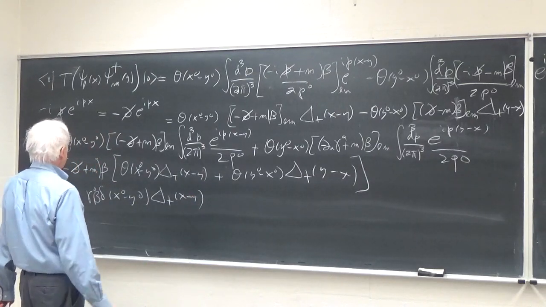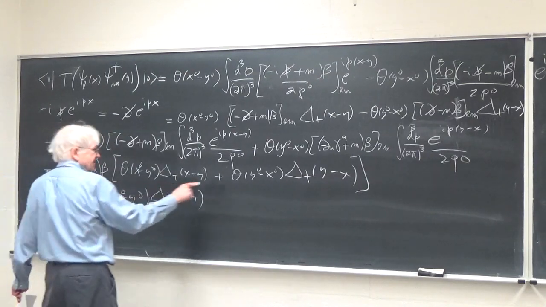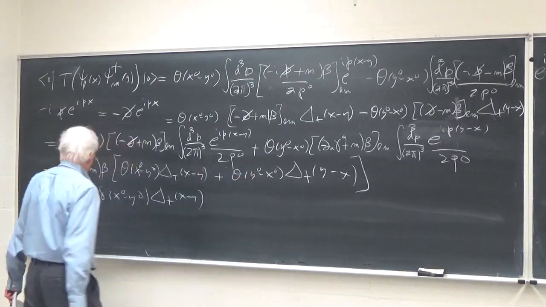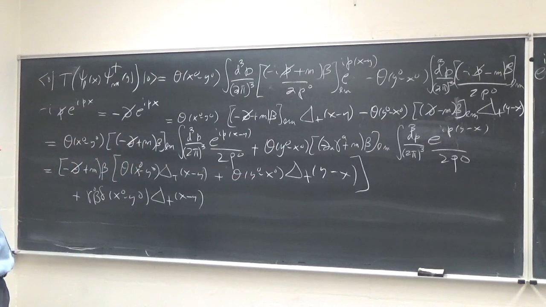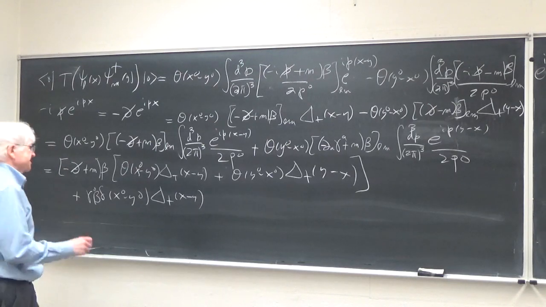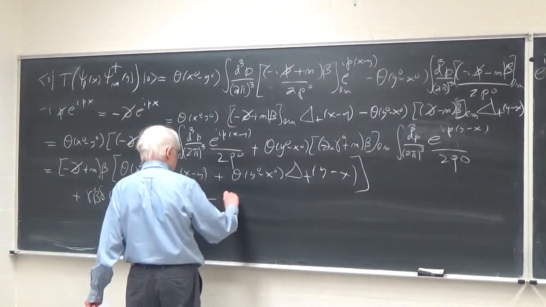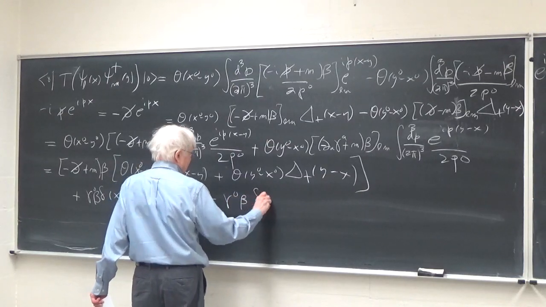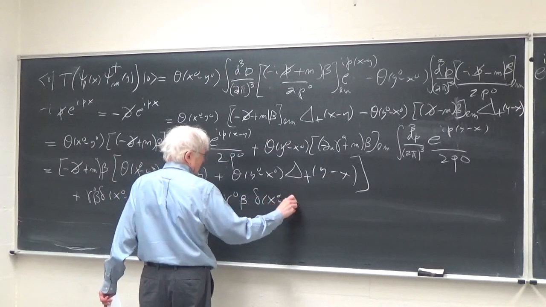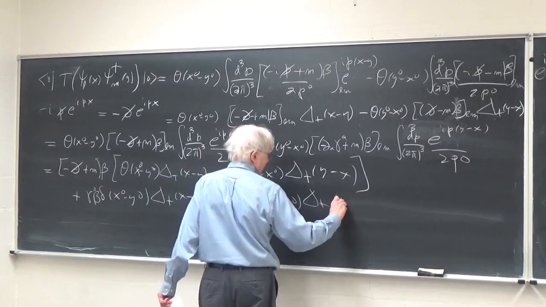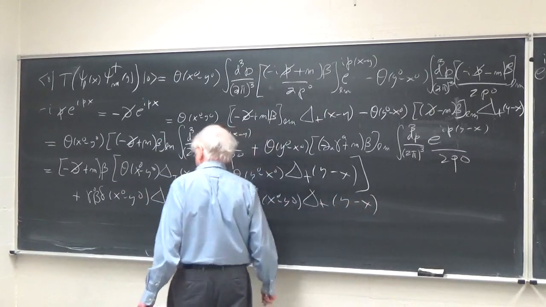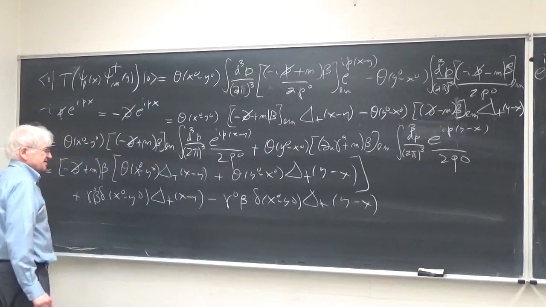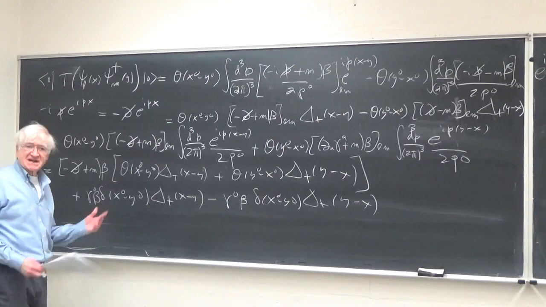But then when this minus d0 hits minus that, we get plus delta, so we have to subtract this one. So we subtract gamma 0 beta delta(x0 minus y0) delta plus of y minus x. Okay, so these are the things that compensate for the delta function.